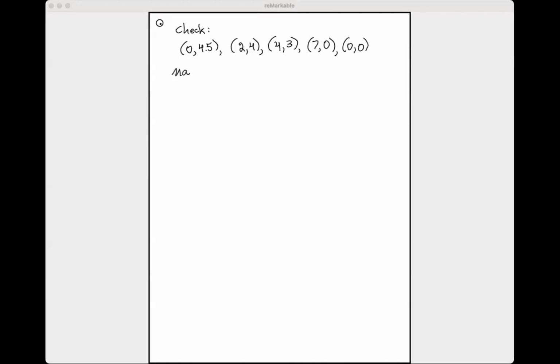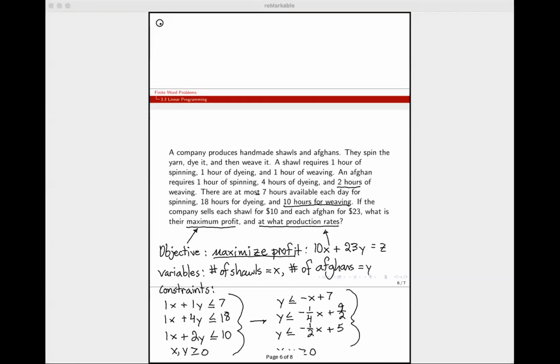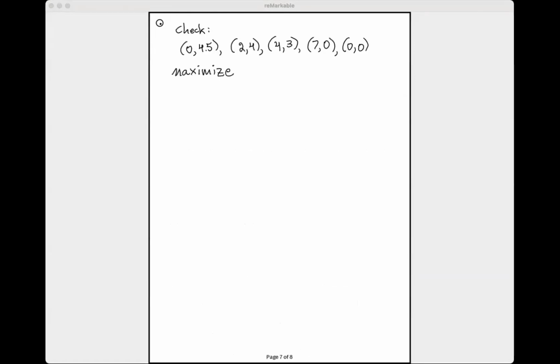And then again, we're trying to maximize. Let's see, what was it? We're trying to maximize the objective function, which was 10x plus 23y is equal to z.